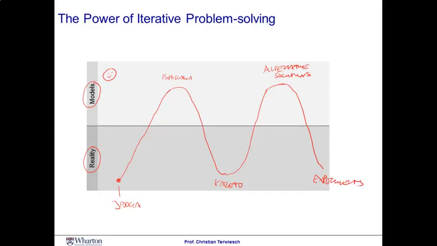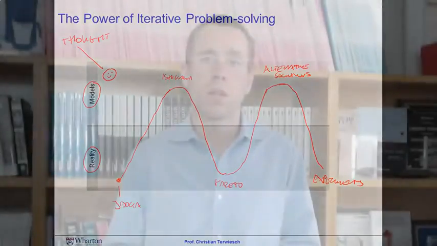Only once we have done so can we standardize the process and say that's really a better process. So this oscillation between the world of thought and reality is a key signature of good problem solving. Rapid iteration is at the heart of creativity. Notice that both the Six Sigma production system as well as the Toyota production system emphasize this quick iteration between the world of thought and reality.